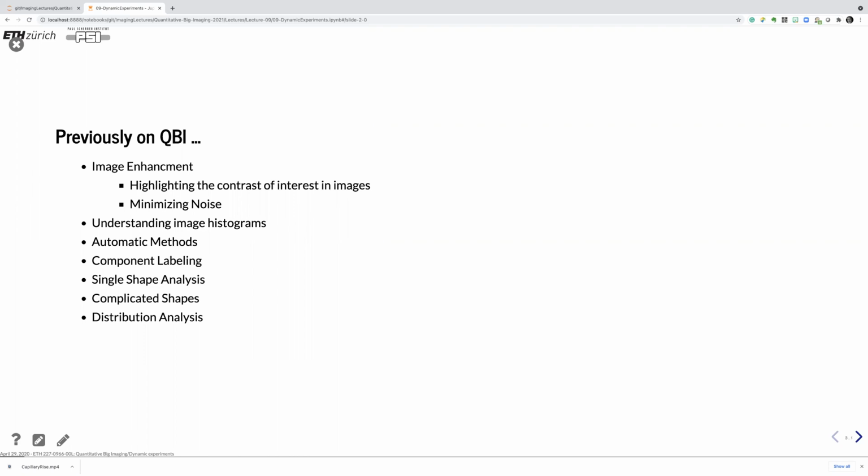And the cost is that the images get noisier than you normally would like to have them. Then we looked at the histograms, different automatic methods for segmentation, and also important is the labeling to identify different pieces. And then analyze these shapes in different ways.